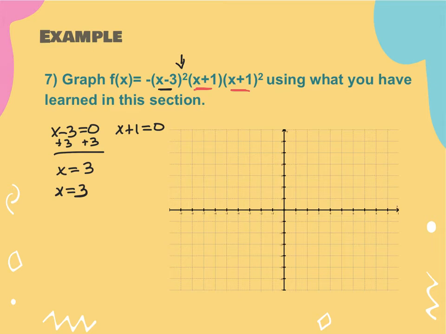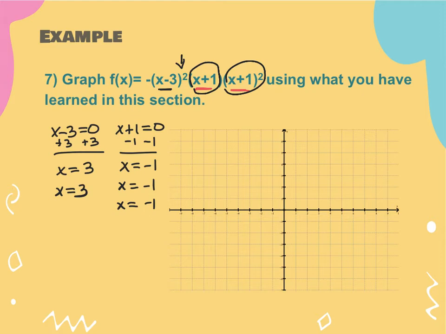So x plus 1, that factor occurs 3 times. So I just need to subtract, and I have x equals negative 1, but it occurs 3 times. I have 1 from here and 2 from here.